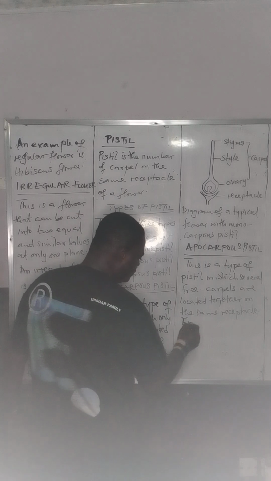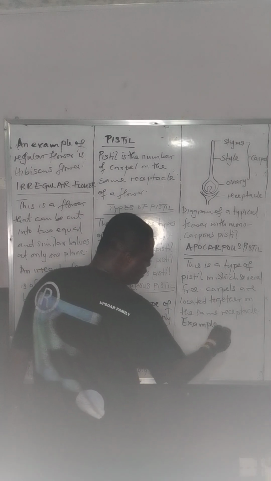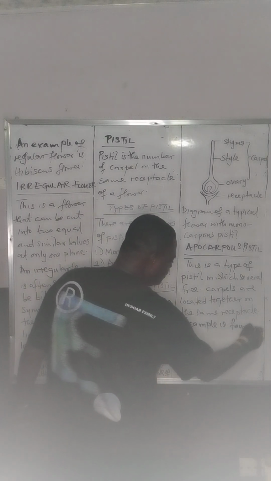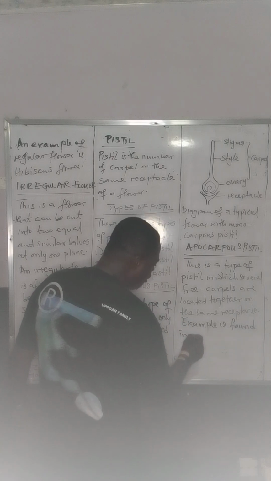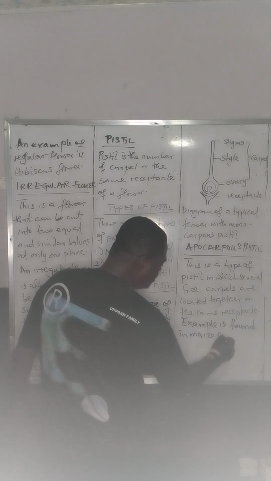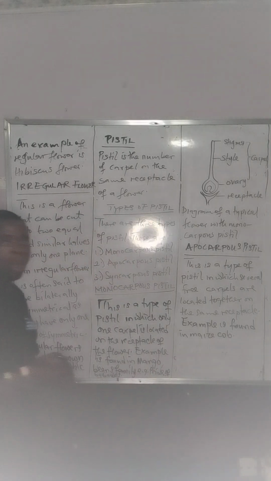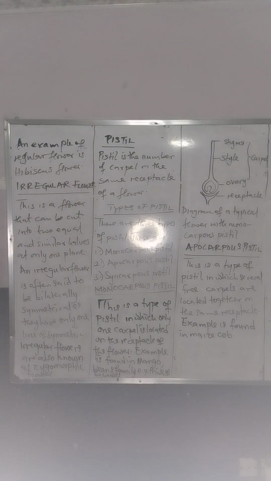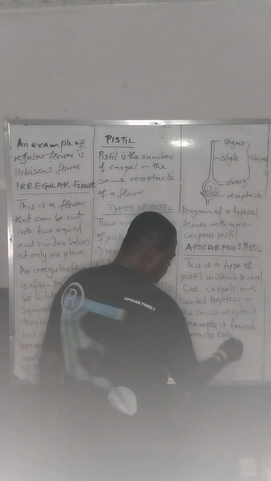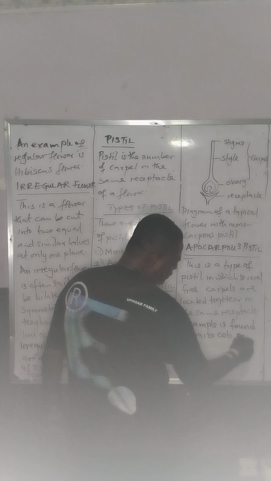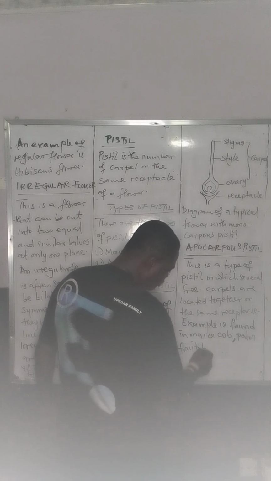Example is found where? Is found in maize cob. In that maize cob, where you have several seeds of maize, you see several holes. Each of those holes is a carpel, but they are not fused together. What about palm fruit bunch?